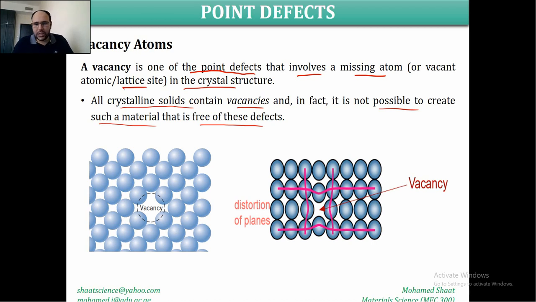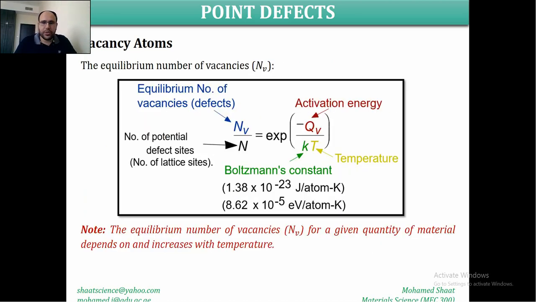So again, the vacancy, it is one atom that is missing in the lattice site. And this will result in some distortion in the planes as already shown in this schematic. This type of defect does exist in all crystalline solids, whatever they are. Any solid material should have a certain number of vacant atoms. How can we calculate this number? This can be calculated using this formula.